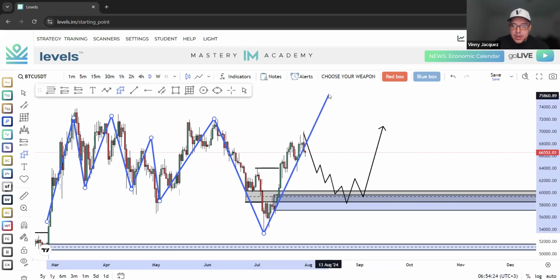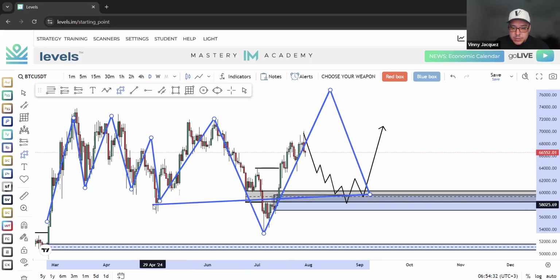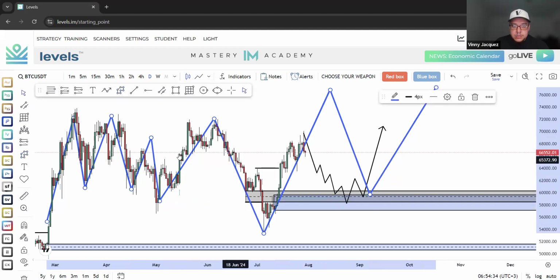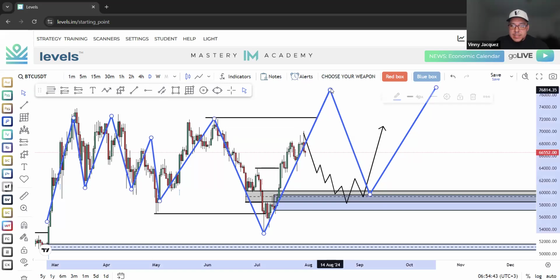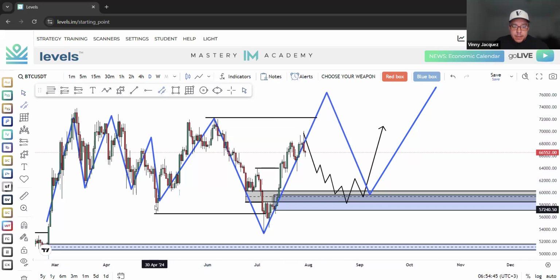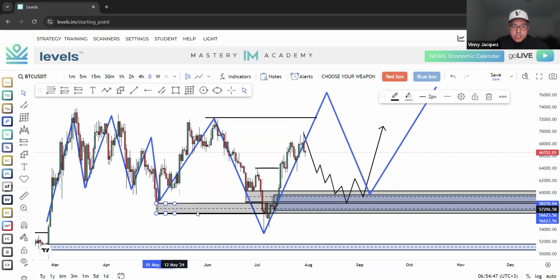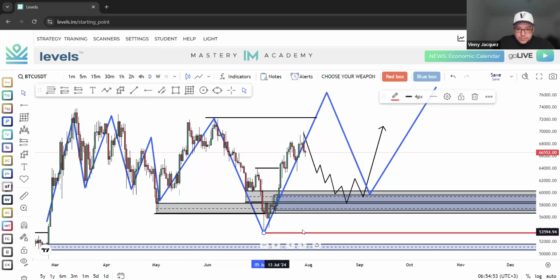Wouldn't that give us a solid confirmation that when the market wants to pull back, we have a shoulder right on top of another shoulder? BOS, change of character. Once we get this change of character here, shoulder move. Everything is stacked up right on top of each other. So my stop loss, boom.